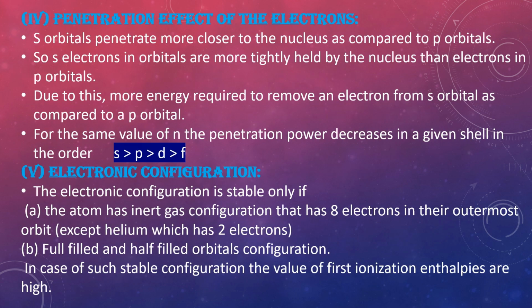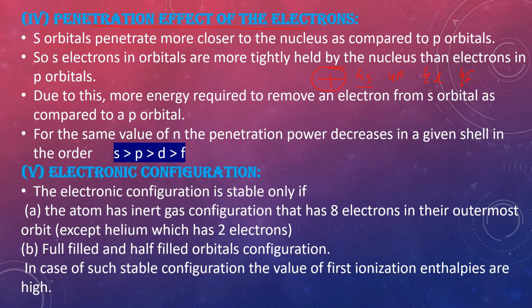Now the next factor on which the ionization enthalpy depends is penetration effect of the electrons. First you should know what the penetration effect is. Suppose I am talking about the fourth shell. In the fourth shell there are 4s, 4p, 4d and 4f orbitals, and the 4s orbital is closer to the nucleus, so its penetrating effect is more.